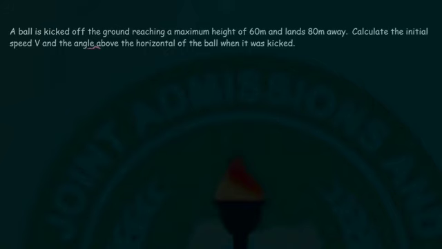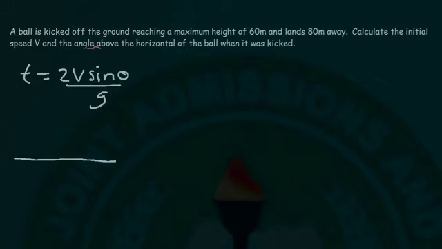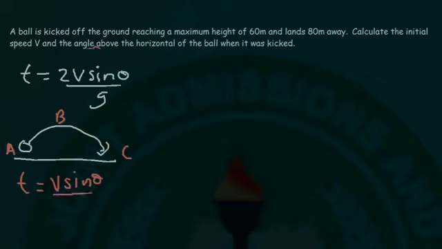In our last problem, we used this equation to find the total time, 2v sine theta over g. And that would give us a time from, let's say, point A to point C. But if we want to find the time it takes from point B to point C, that's half of that. So for a symmetrical parabola, which we have, we can just use this equation, v sine theta over g. And let's try that.